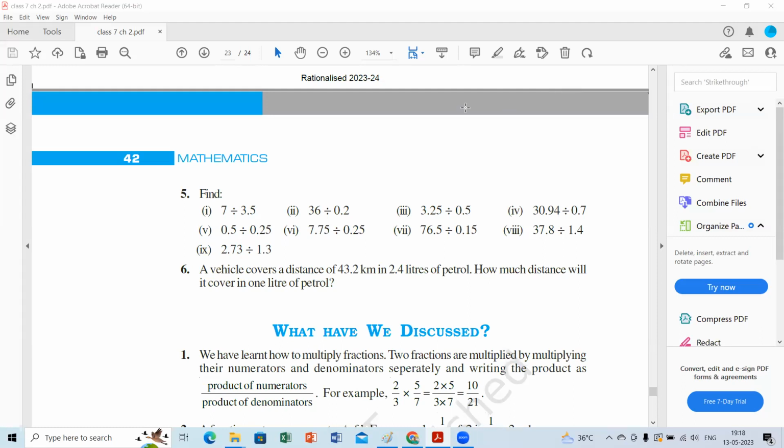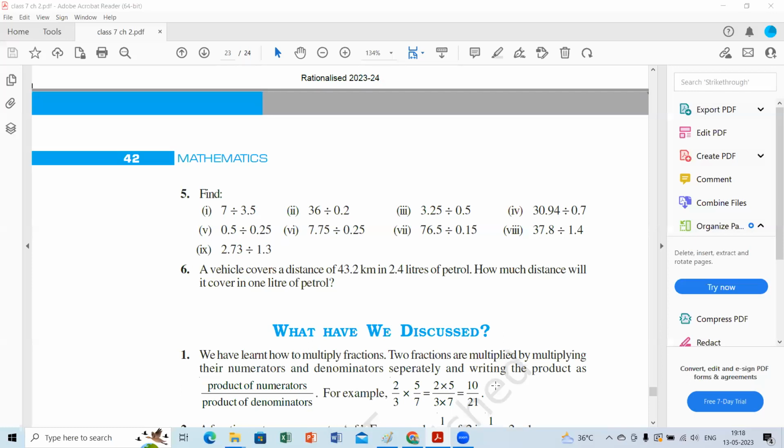Very good. Sorry, Sai Kritika, the fifth one is wrong for you. Please check where you are going wrong.